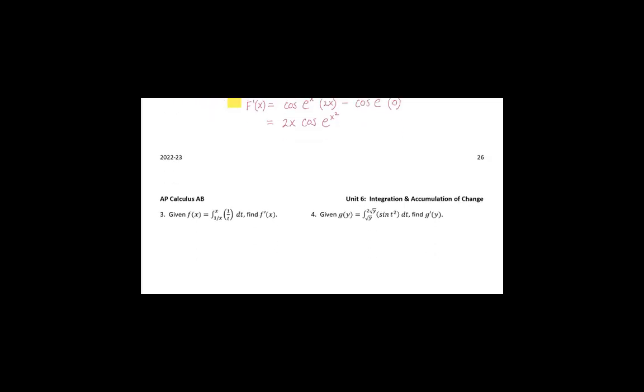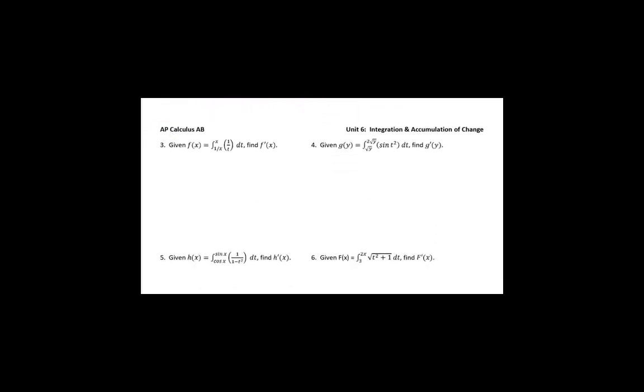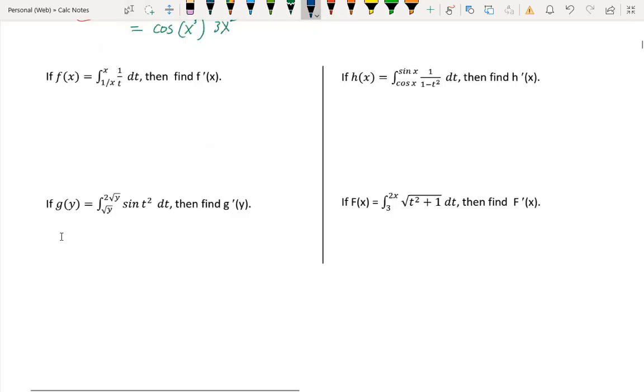All right, let's see what we got next here. So when it says find f prime of x, it tells us that f of x is the integral. Okay, so f of x is the integral, find f prime of x. So I'm going to take x and plug it in wherever I see t.